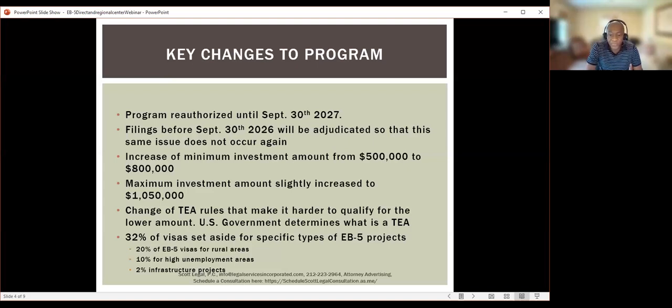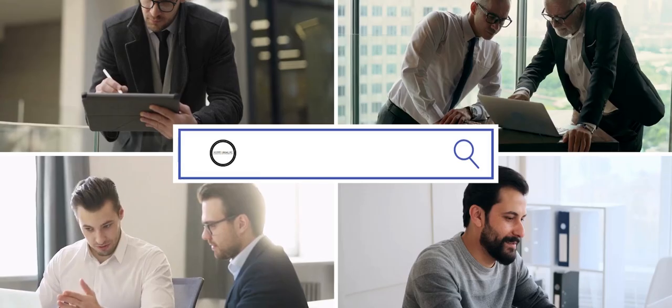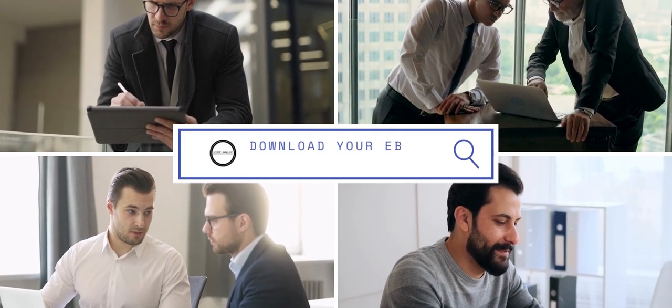We talked about the increased investment amounts and the fact that only the government can designate a TEA. The other big interesting thing that happened is that there were these carve-outs, these set-asides for EB-5 projects. This is relevant in particular for Chinese nationals or nationals from India, because those two countries are oversubscribed and there are long waits for EB-5 green cards.